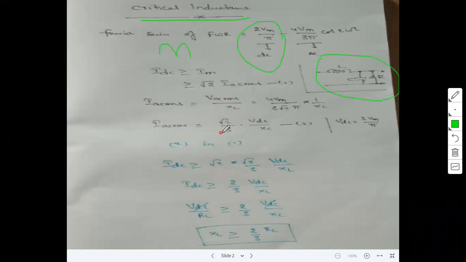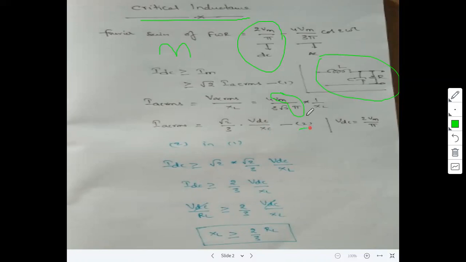Now IAC RMS is equal to, then simplify this. This can be written in terms of the DC term: 4 is written as 2 into 2, and 2Vm by pi is written as VDC. So root 2 by 3 is a similar simplification we did in the previous two or three filters. Root 2 by 3 VDC by XL.